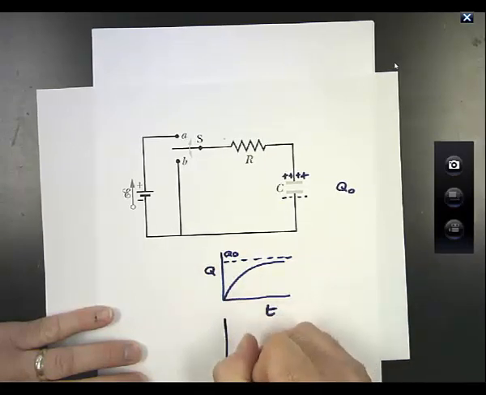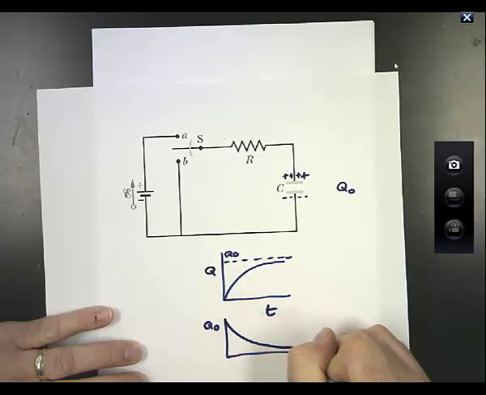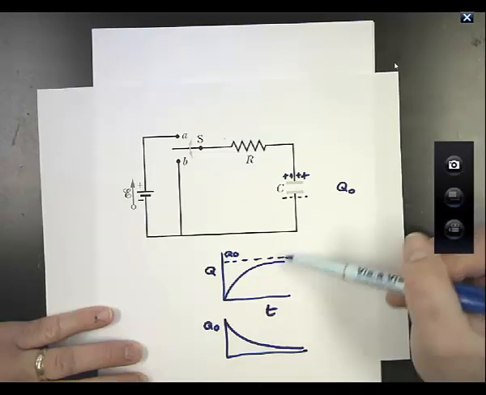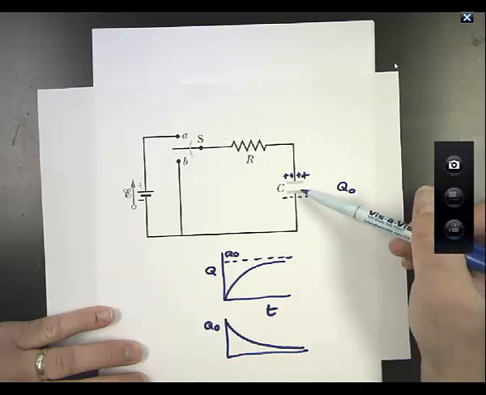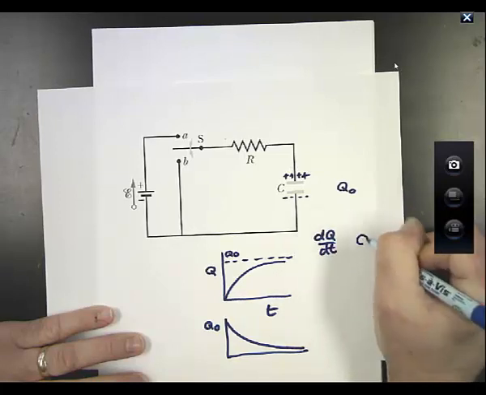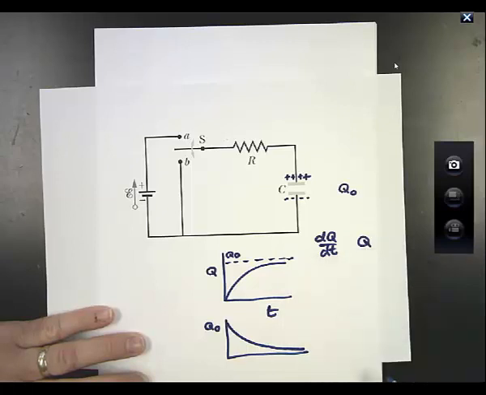And then when we discharge it, it's going to start at Q naught and decrease, and that decrease is also going to be exponential. The thing is, the rate at which the charge flows depends on how much charge there is. In other words, dq dt is dependent on Q, the very thing that's changing. So it's kind of a weird relationship.